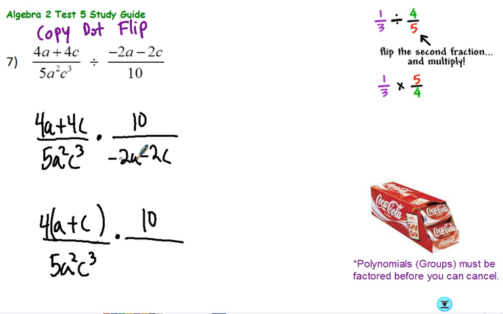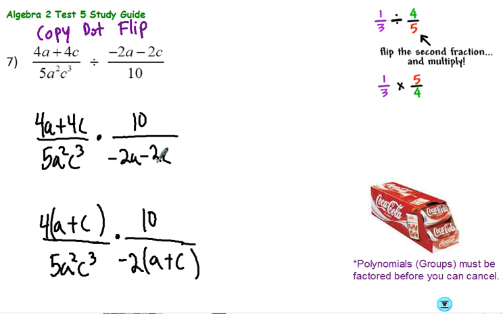Now, again, this is a group, because you see the plus or minus sign. That does need to be factored. So we say, well, what do they have in common? Well, they both have a -2 in common. So let's factor out a -2. And then if you said -2 times what would make -2a, that would be a. -2 times what would be -2c? That would have to be a positive c. And the reason why that's a positive c is -2 times positive c would be a -2c.